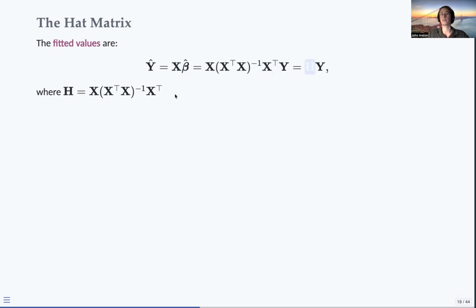We call it the hat matrix because we are putting a hat on y. By applying the hat matrix, we take our observed response to the fitted values. Okay.